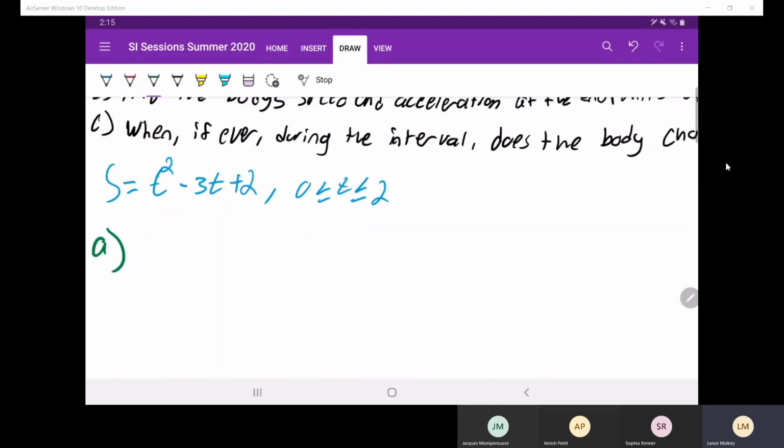So how we solve for displacement, we get the end of the interval, so f of 2, because t equals 2, minus f of 0. And you plug in 2 everywhere you see a t.